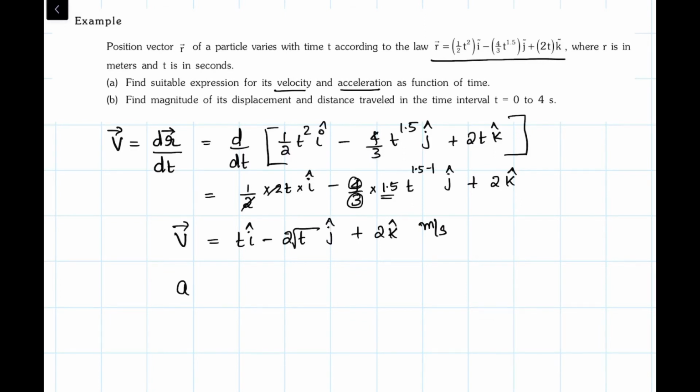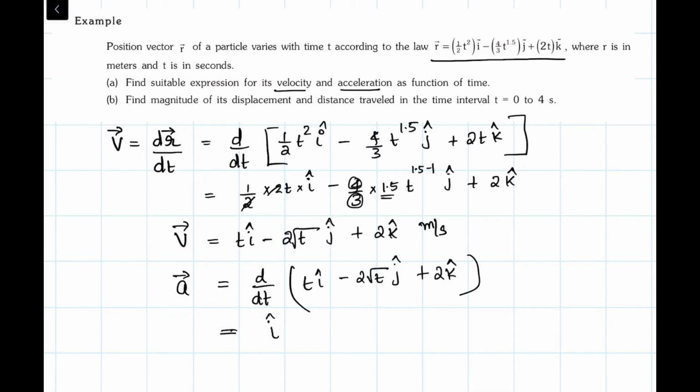We have to take the derivative once again to find the acceleration. So d by dt of the term above, that is t i cap minus 2 root t j cap plus 2k cap. The derivative of t i cap gives i cap.